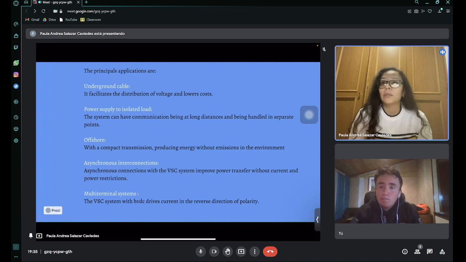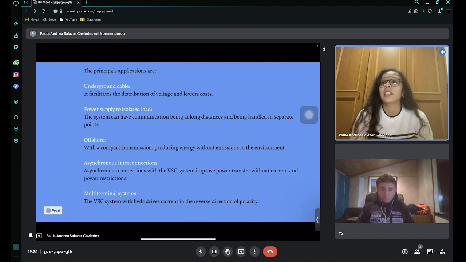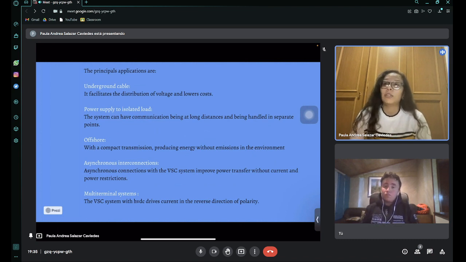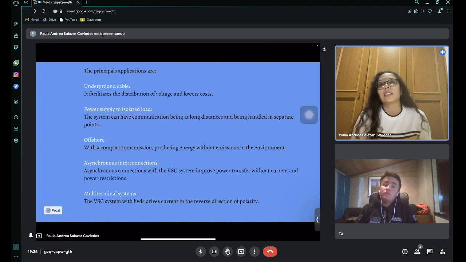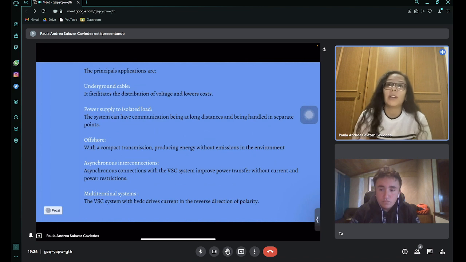HVDC cable systems are used for their economic facilities and their installations without as many limitations. These cables do not suffer from distance losses, which facilitates some long voltage runs. This is due to the cable materials being lighter, more flexible and easy to splice. Being structured, cables help underground distribution, reducing cost.